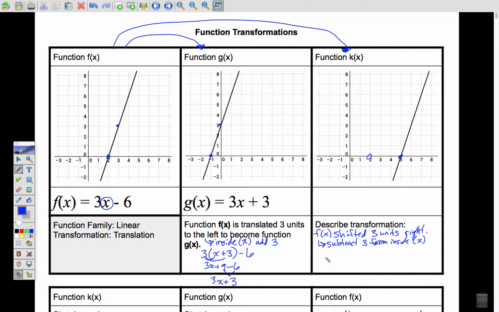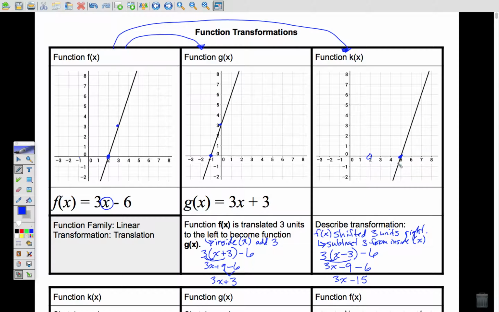So I take my original function, and that x, I'm going to put it in parentheses and subtract 3 and then finish my equation. So if I simplify this, we distribute, we get 3x, and then minus 9, and then minus 6, and then if I simplify this, negative 9 minus 6 is 3x minus 15.